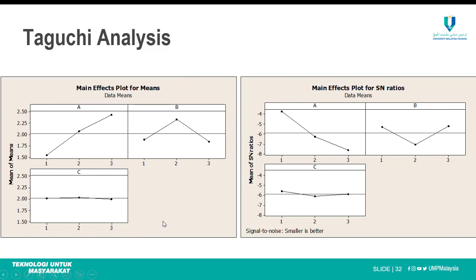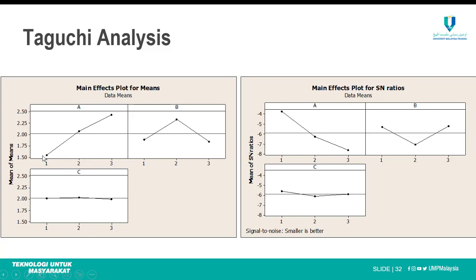So this is basically a problem where we want to minimize, which means we want to obtain the minimum surface roughness. For the main effect plot for mean, we are looking for the low level.